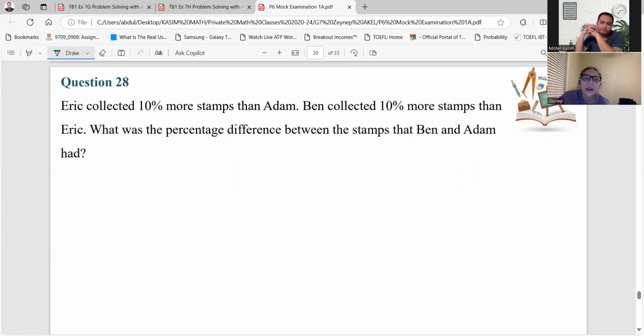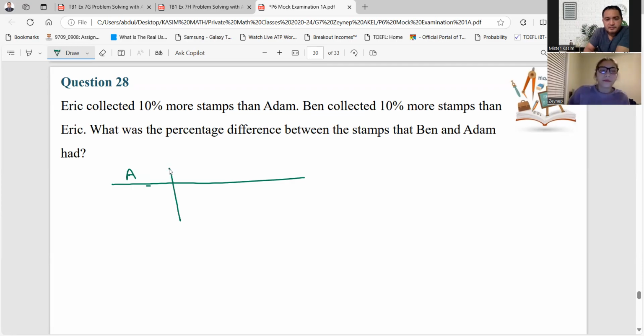But it's not giving us enough information. It's literally telling us two things. So that means it doesn't matter what number you use, right? We are talking about 3 people. Number 1 is Adam, the second one is Eric, and the third one is Ben, right?